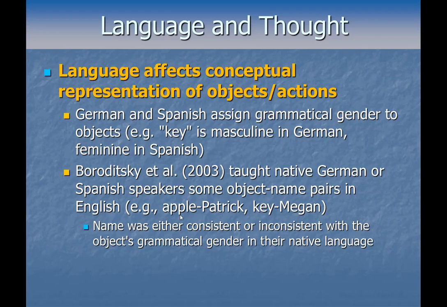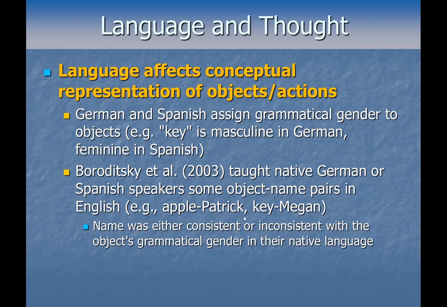We've talked about memory tasks like this, where you get paired words, like apple goes with Patrick, key goes with Megan, bridge goes with George, and so on. This whole experiment was done in English. There was nothing about their original language there. They just happened to have grown up with a different language, one that has grammatical gender. But here we're just assigning some random noun to a random person who has a male or female name.